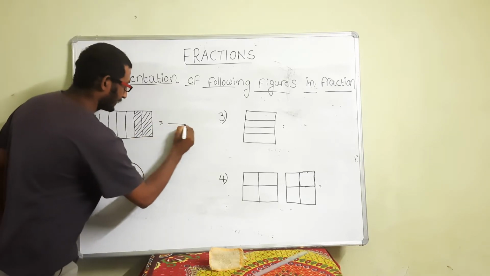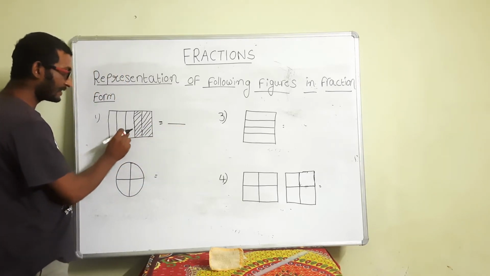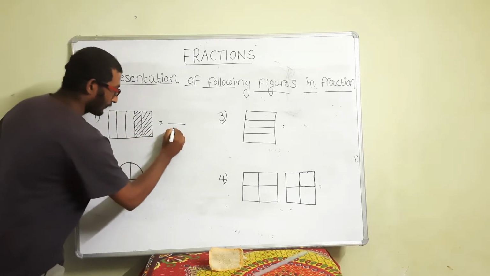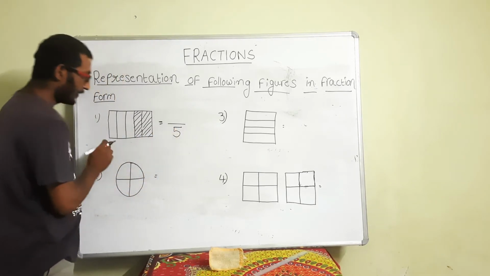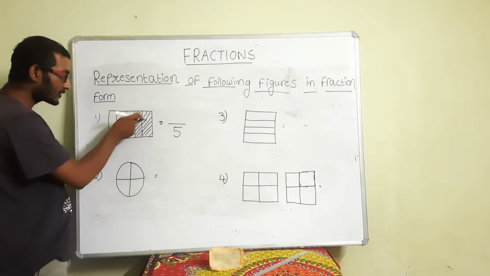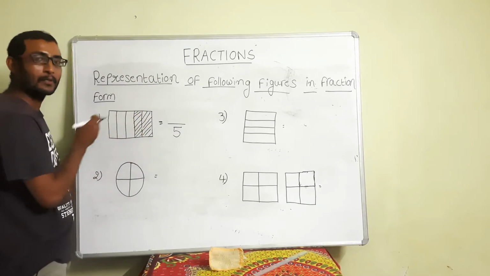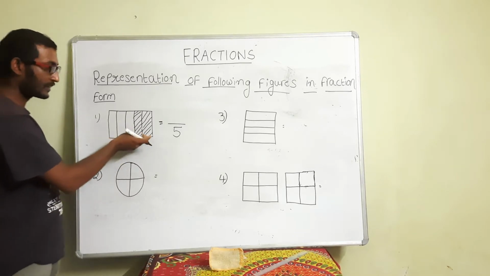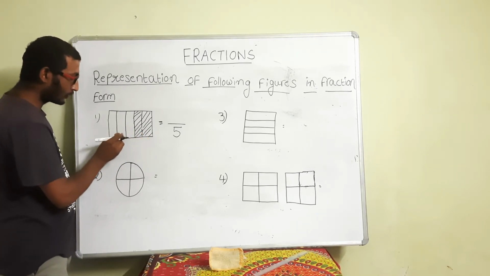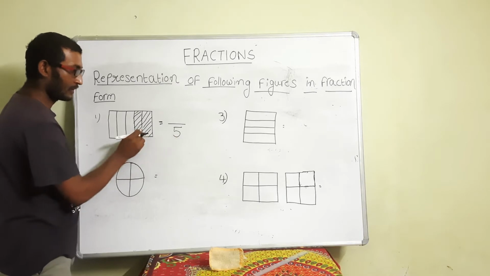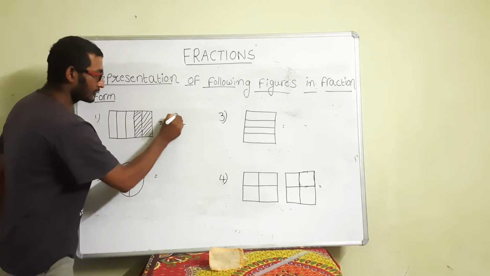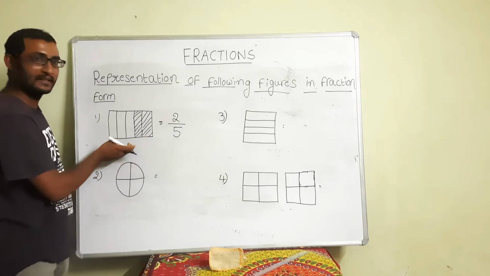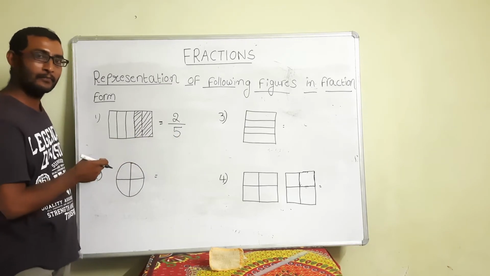Total, the cake is cut into how many parts? 5 parts. The cross line represents your taken parts. In total 5 parts, you have taken 2 parts. The fraction value of this figure is 2 by 5.